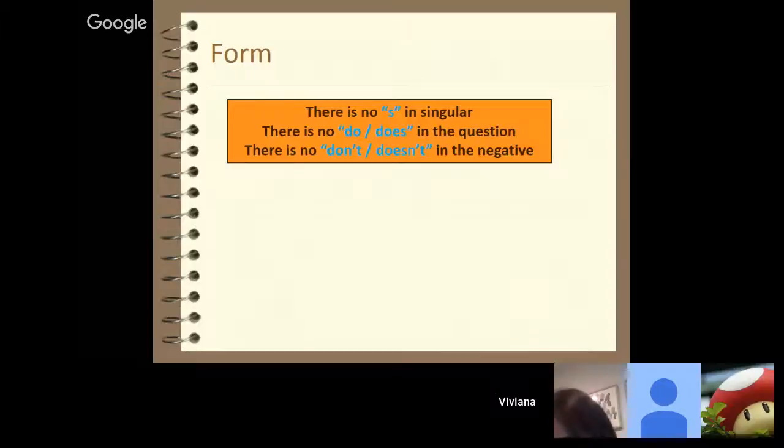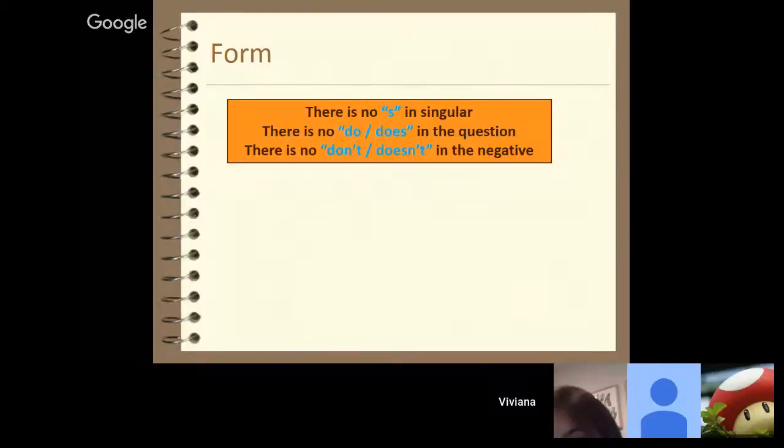Now, there is no do or does in the questions. We don't need to use do or does to make the questions. We only use the modal verb in the first place, and then the subject and then the verb in the base form and the complement.